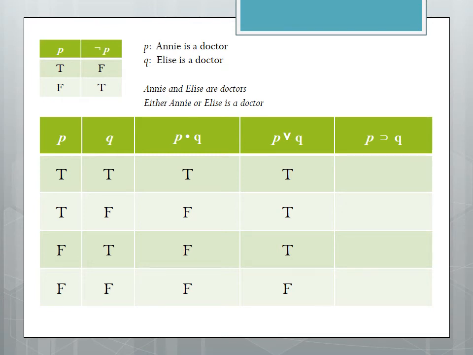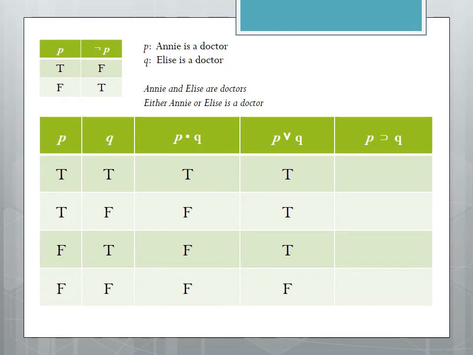Suppose that we consider the sentence, if you study, then you will pass. If you study, then you will pass. And suppose it's true that someone studies, and suppose it's true that they pass. Maybe we regard that as evidence that what was initially asserted when someone said, if you study, then you will pass, is true.